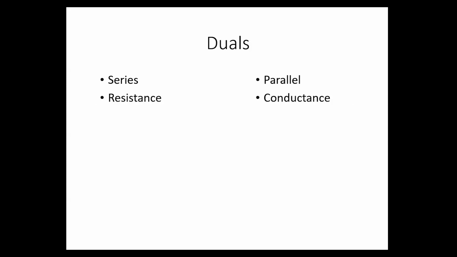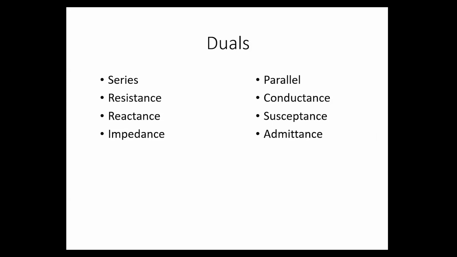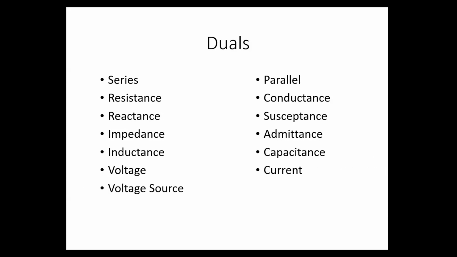Conductance tells us how much current it'll allow to flow for a given voltage. So they're basically the reciprocal of one another. Reactance has a dual called susceptance, and impedance has a dual called admittance. Then inductance has a dual, which is capacitance. Voltage has a dual, which is current, and a voltage source has a dual, which is a current source.